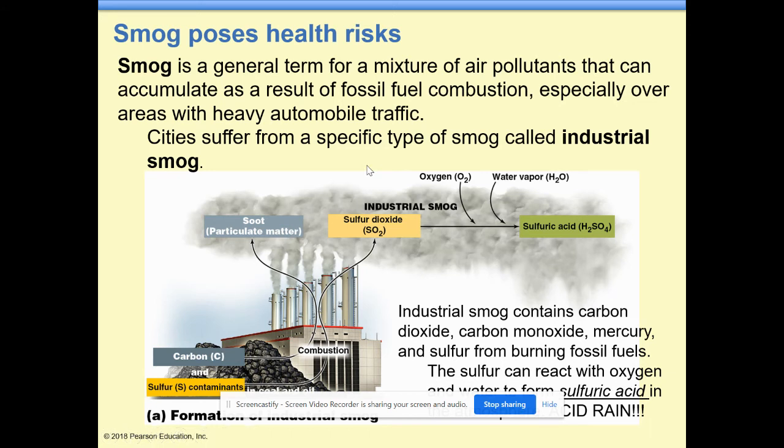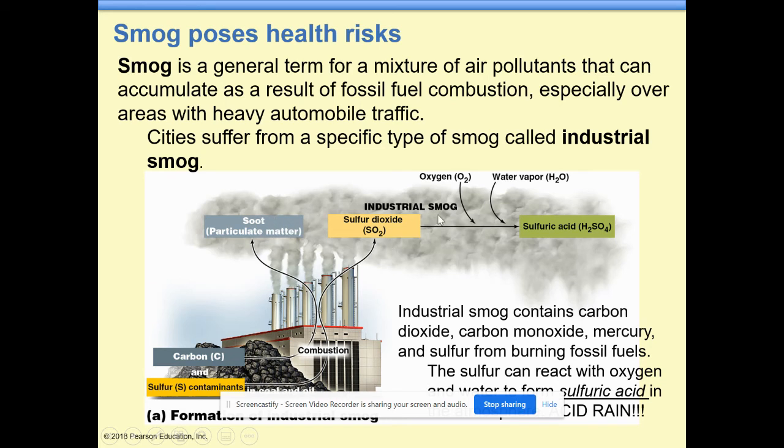So we talked a bit about smog. Smog is a secondary air pollutant. Smog can occur in two ways: through industrialization or industrial smog, and the second way is through photochemical smog. Industrial smog is produced when you have coal or oil being burned, and that produces sulfur dioxide and some particulate matter in the atmosphere.